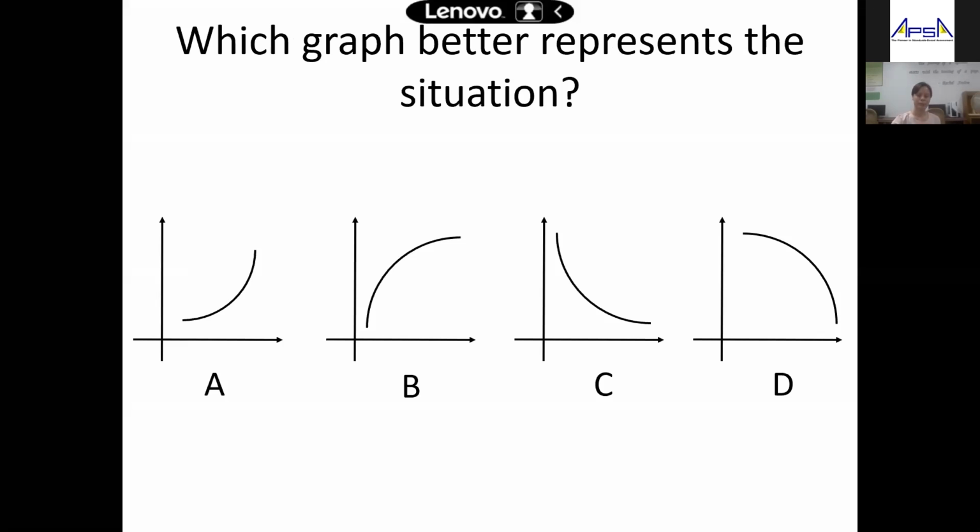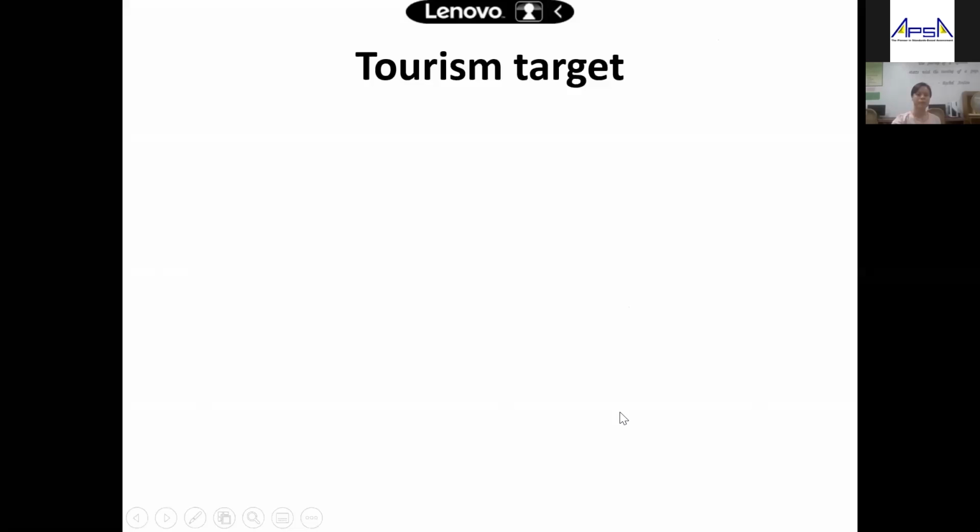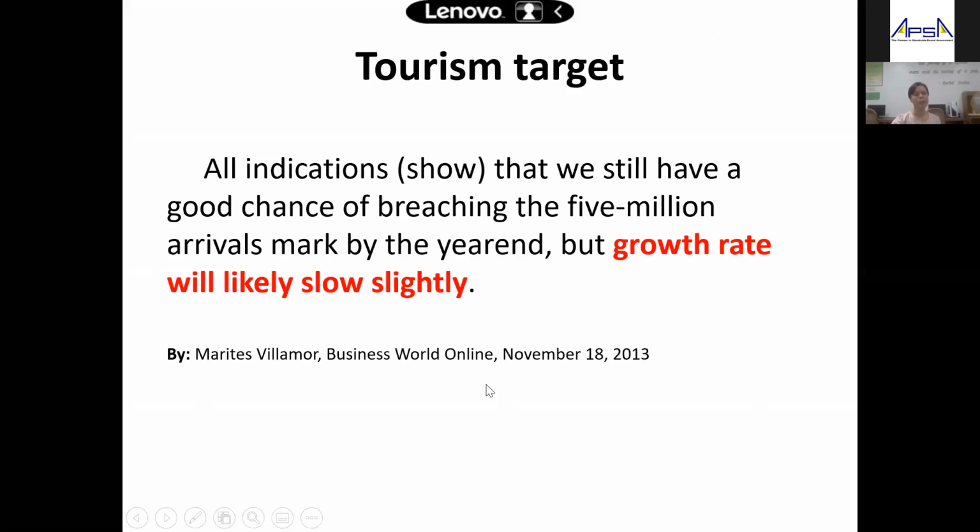Asan kaya yun? Isip mo na. Hopefully you eliminated A and B kasi hindi nag-drop. Again, we always read from left to right. This is the mathematical convention. Read a graph from left to right. So itong dalawa lang. Where do you think is there a record drop? Biglang bumilis yung pagbagsak. So biglang bumilis yung pagbagsak, ito siya. B. Okay?